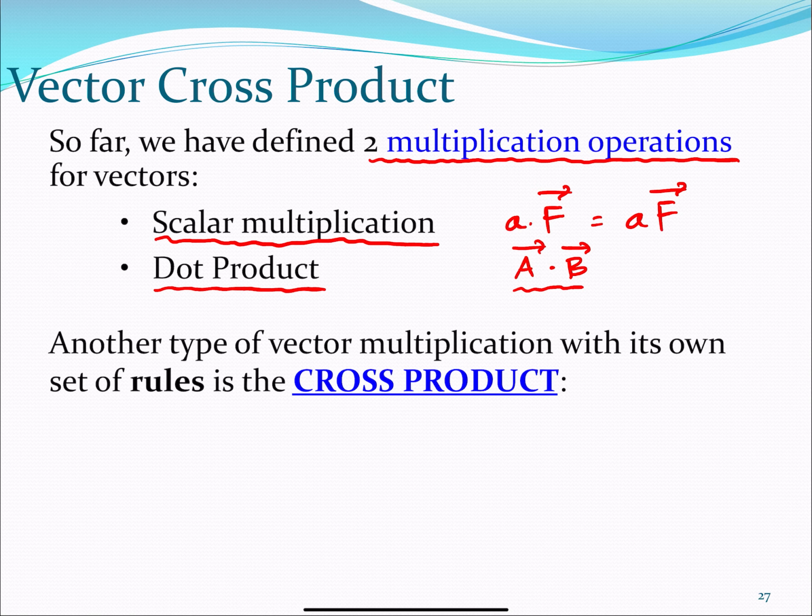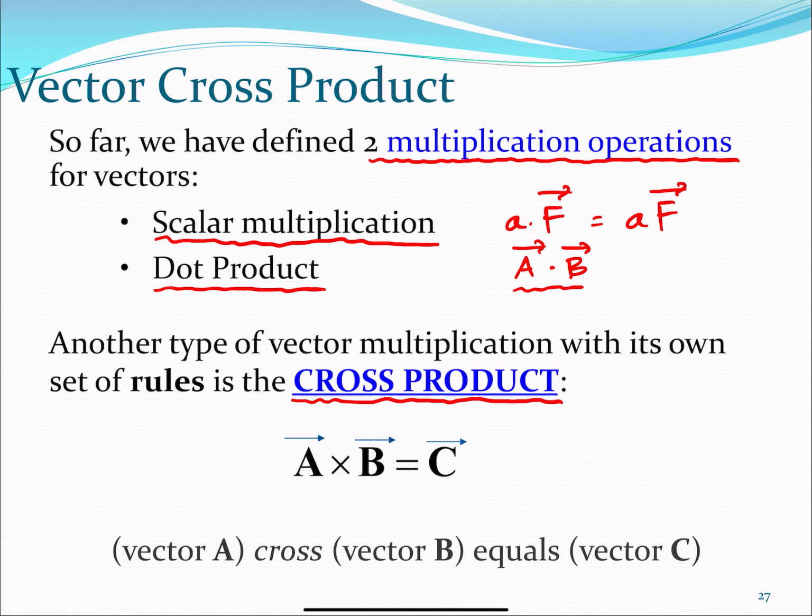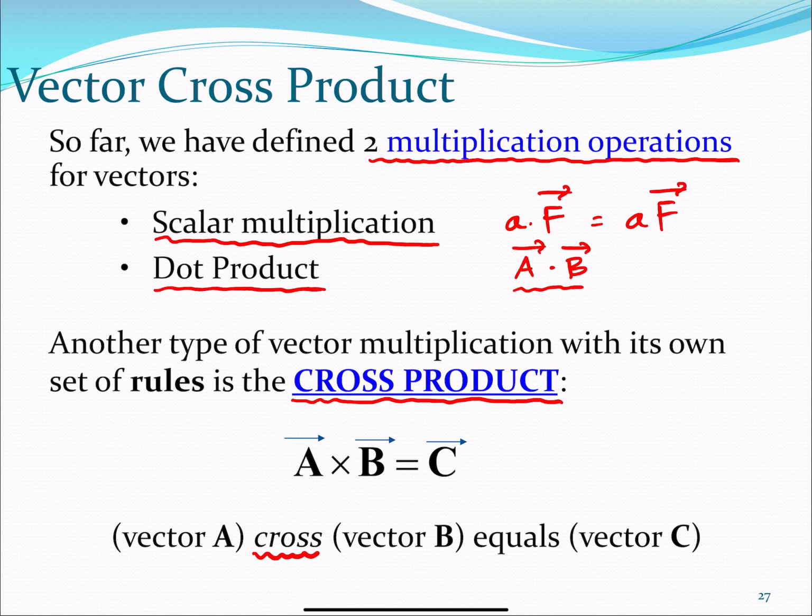It comes with its own set of rules, and we call it the cross product. We represent it by using this symbol, and we read it as vector A cross vector B equals vector C. If we come back to the dot product, in the past we learned that what we obtain from it is a scalar.